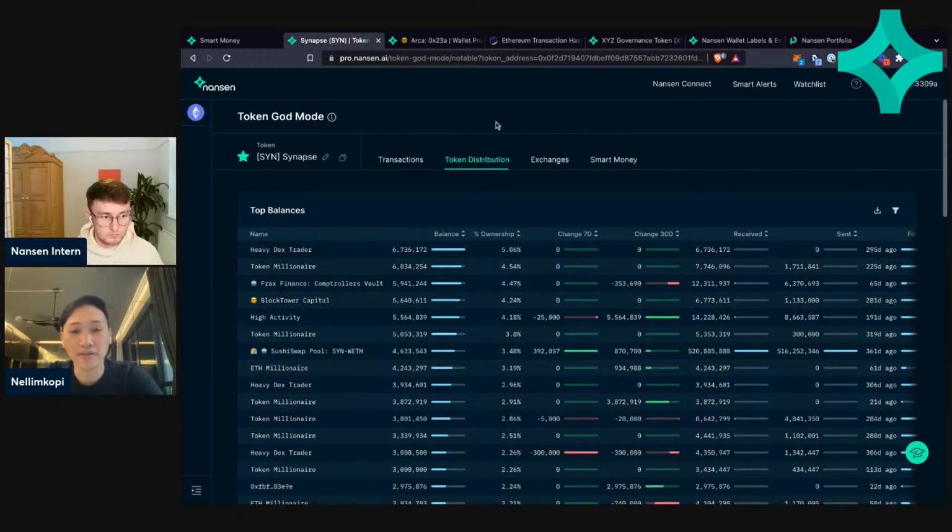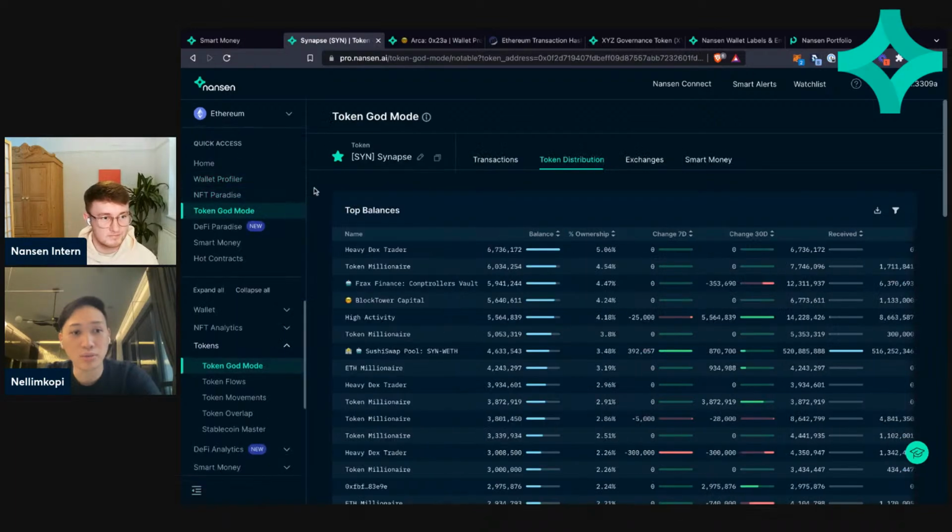So we have the Nansen Lite, which was what Alex covered at the start of this office hour. You have your standard, which gives you access to most dashboards, like your wallet profiler, NFT Paradise, token god mode, smart money. You have your VIP tier, which gives you access to hot contracts, which allows you to look at capital flow to spot opportunities really early before people start talking about it.